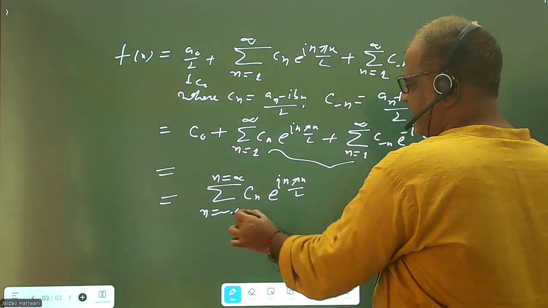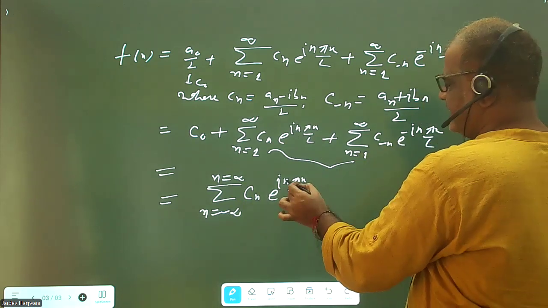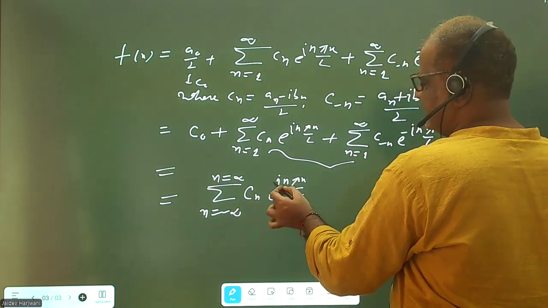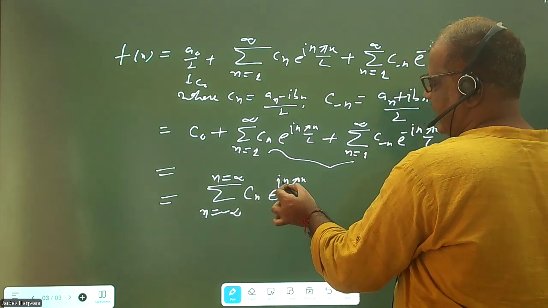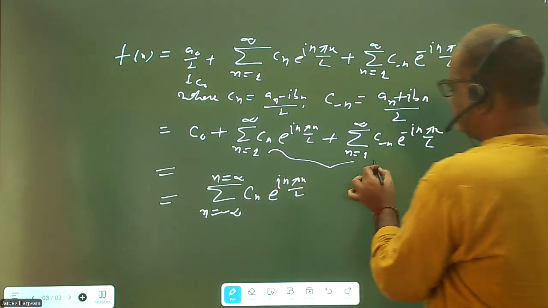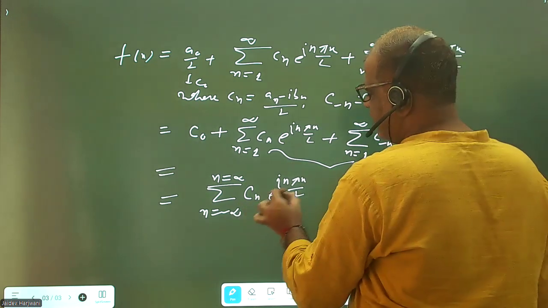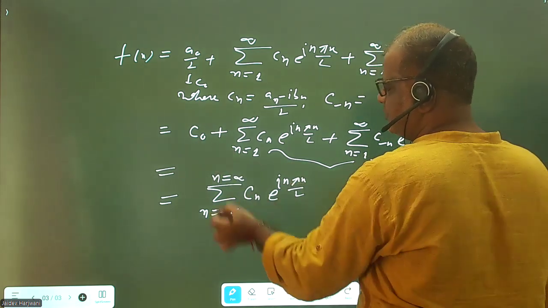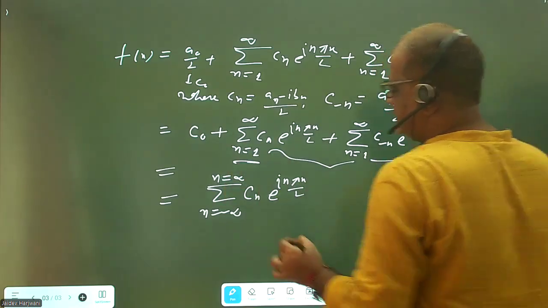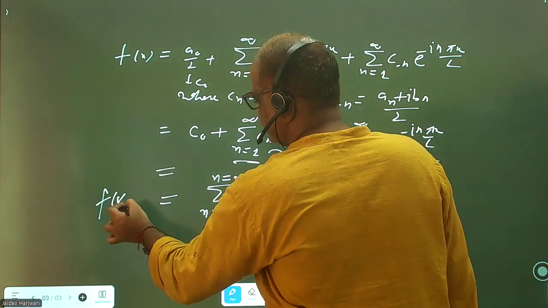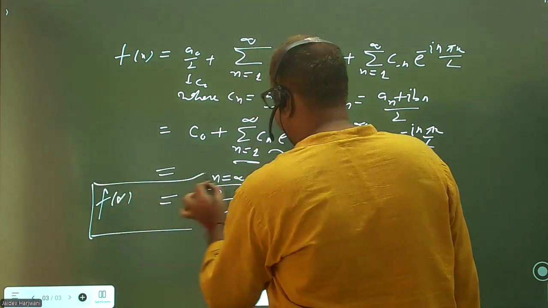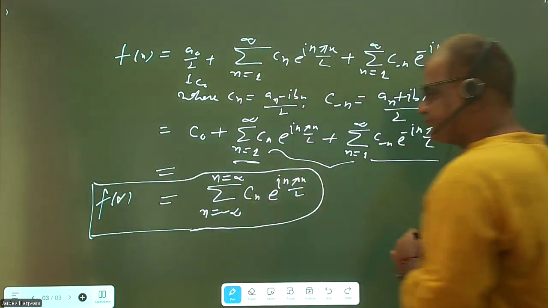If you go to minus infinity, the minus terms will come, like c minus 5 e to the power minus 5 iota pi x upon L. So this series contains these minus terms also, and 0 also. If you put n equal to 0 here, this becomes c0. So this is my final expression for the Fourier series, or exponential Fourier series.